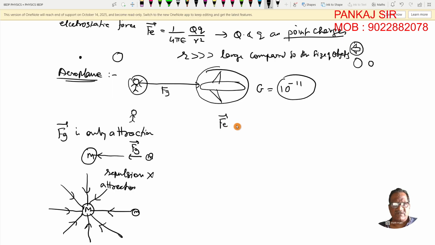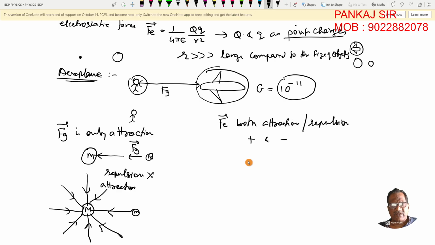Here you will find both attraction as well as repulsion. Now why is this happening? Because in masses you don't have two different types of masses. Either a mass will be bigger in size or smaller in size. But in the case of charges, you have two types of charges, positive and negative.